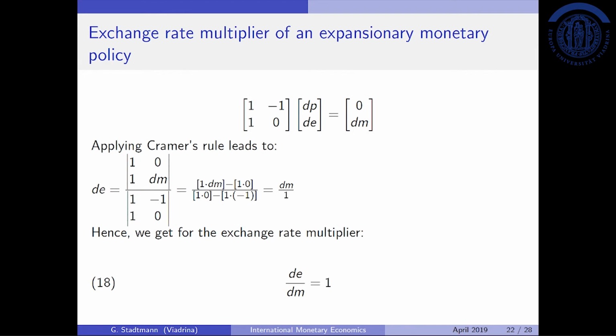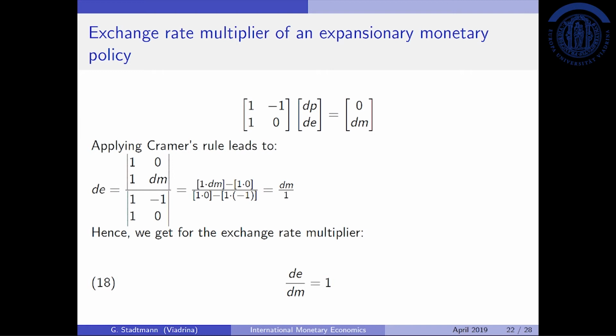In a second step, we can compute the exchange rate multiplier of an expansionary monetary policy. The change of the exchange rate, dE, is located on the second position of the vector of the two unknowns. Therefore, the idea is we take the solution vector and insert it into the second column of the coefficient matrix.